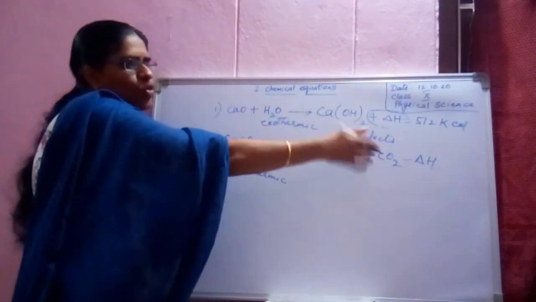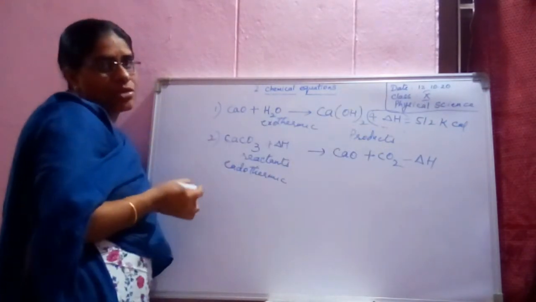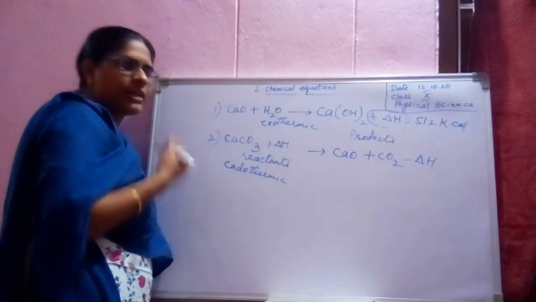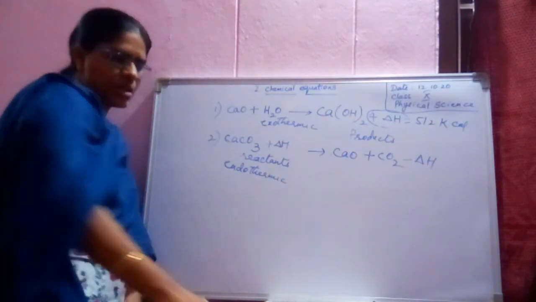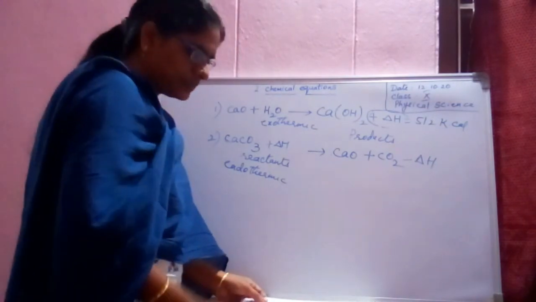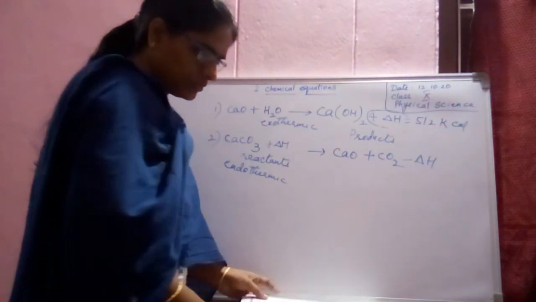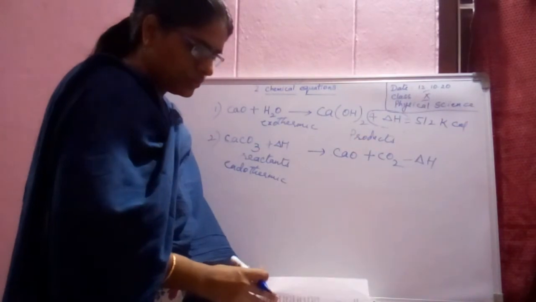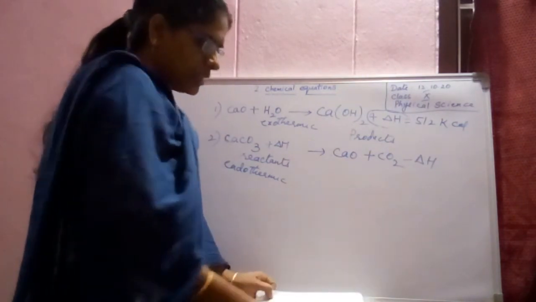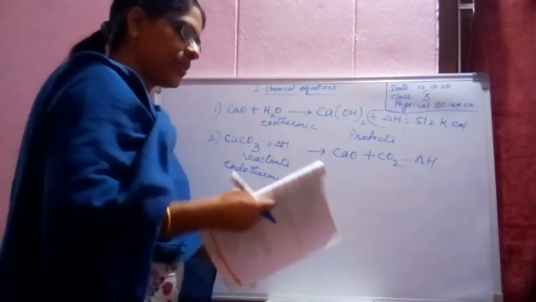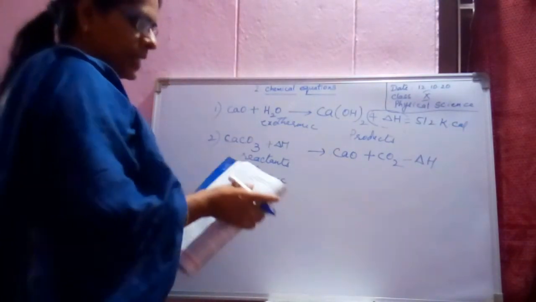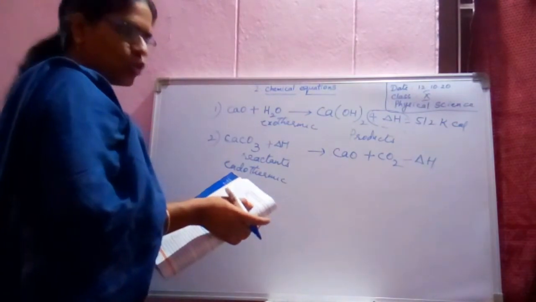If they give you minus delta H on the product side, it is also an endothermic reaction. See, in your textbook page number 28, he has given C plus O2 gives CO2 plus Q.